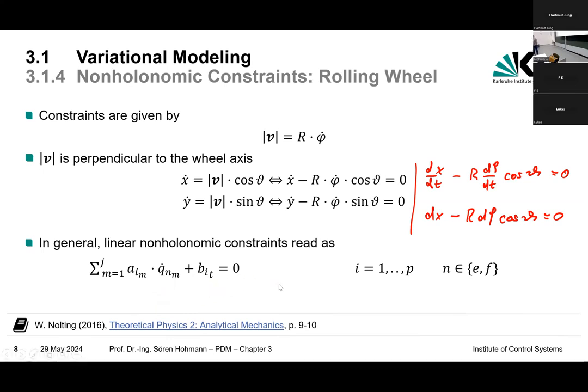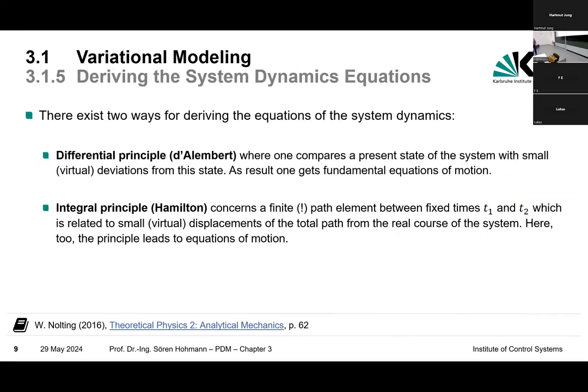That's the way it goes. That's the generalization of what we see here for the linear case. Then we have the most difficult situations where the non-holonomic constraint can also be non-linear. But we want to check both.